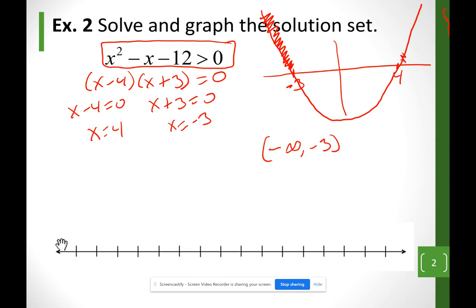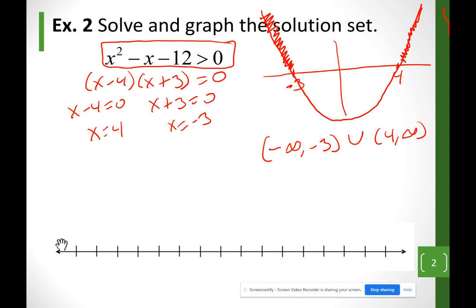But I also see it from positive 4 to infinity. There is a gap in between them, so I'm going to use the union. So my set is from negative infinity to negative 3 and from 4 to infinity. So that's using the graphs, because that's your knowledge.